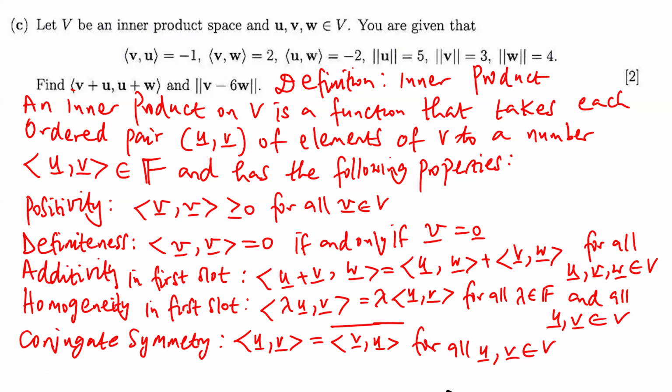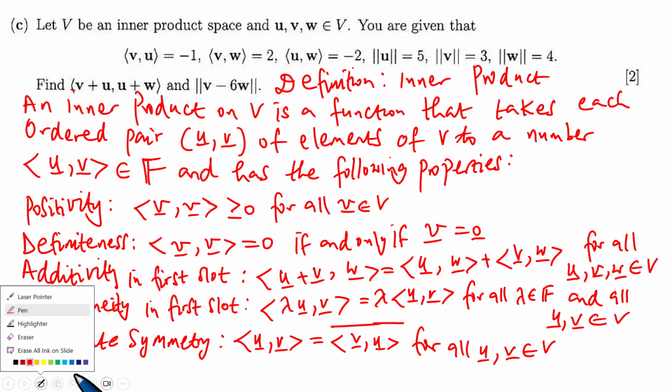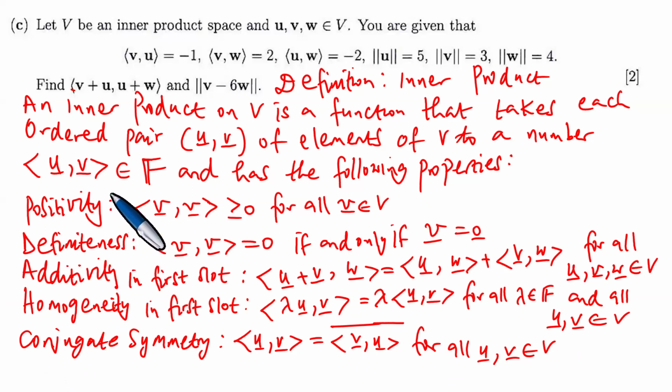So obviously this is a definition of the inner product, but a couple of things you need to take into account here. We spoke about positivity, meaning that the inner product of a vector with itself is always greater or equal to 0 for all vectors v in V. The definiteness property means that the inner product of a vector with itself is 0 if and only if v equals the zero vector.